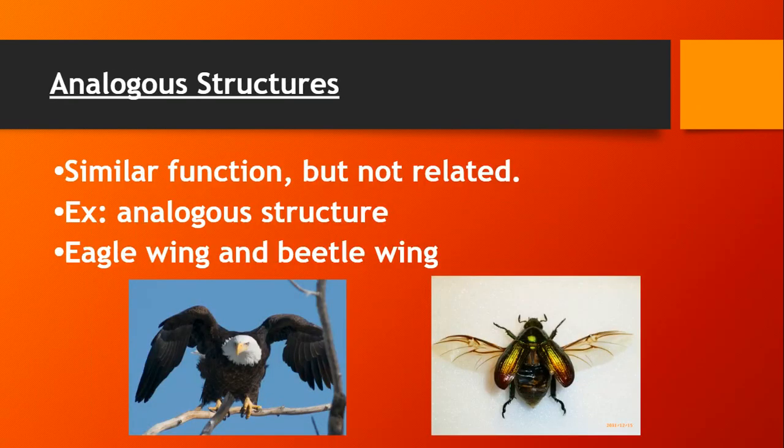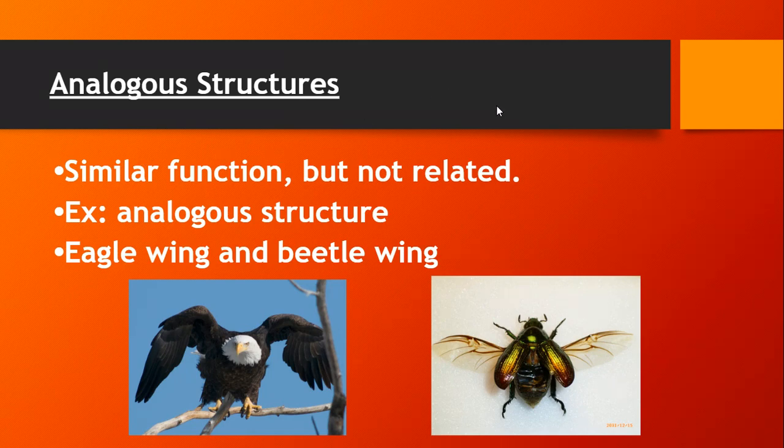So those were homologous. Now we have analogous. This is kind of the reverse. So homologous was where they were similar bones or similar structures, but they had different functions. Analogous now is when they are different structures. They're not related, but they have similar functions.